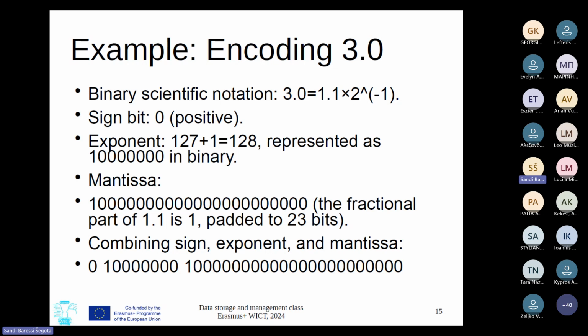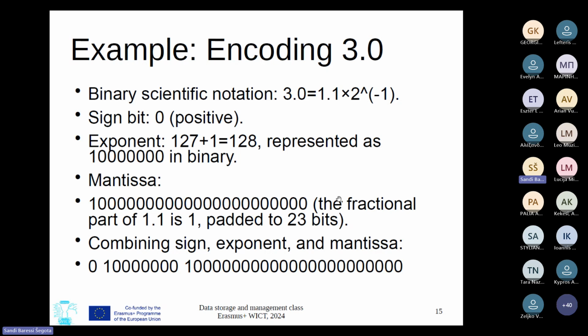But it's beyond the scope of this lecture to go into the history of defining the standard. Then the exponent that we have here, 1, is going to be encoded, so we're going to add it to 127 and represent it as a binary. So this is the step where we are essentially adding 127 to it.